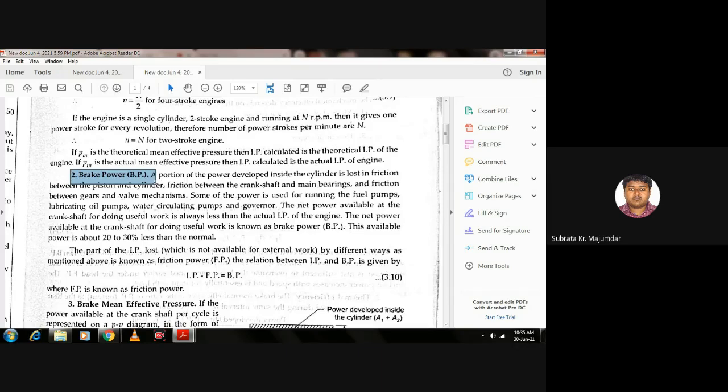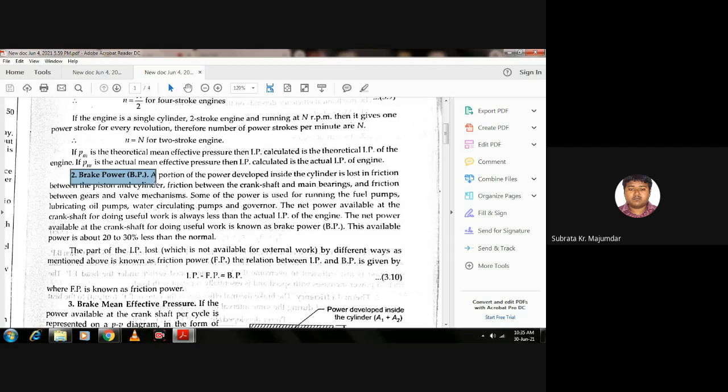Then this 85 kilowatt is the brake power of the engine, because the engine carries several rotating elements, so there are several types of frictional losses. After frictional losses, the power we get is the actual power, or in other words, the brake power.